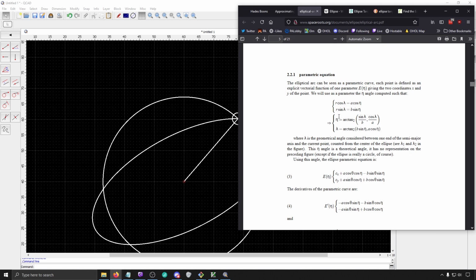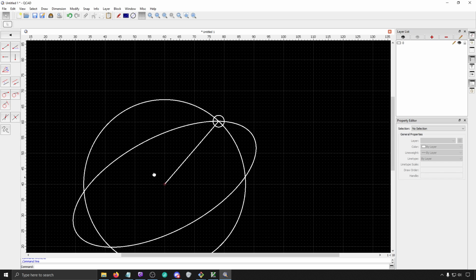The geometrical angle considered between one end of the semi-major axis and the current point. Okay, so that's something different.